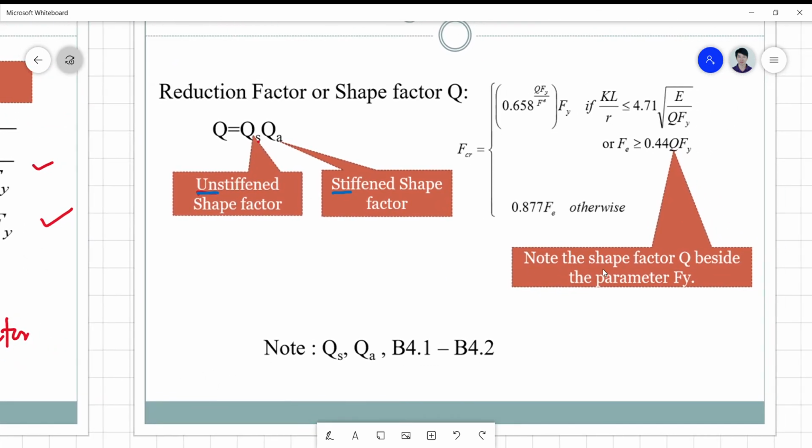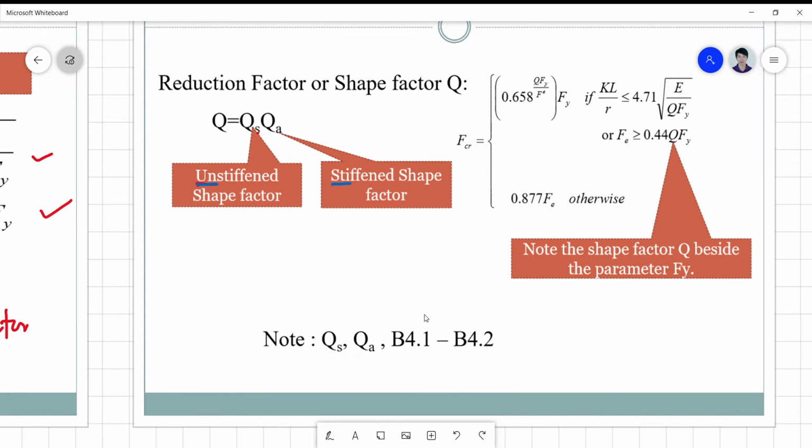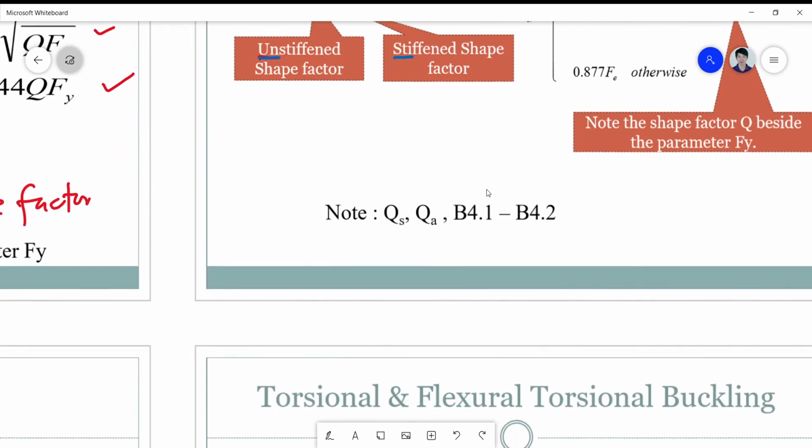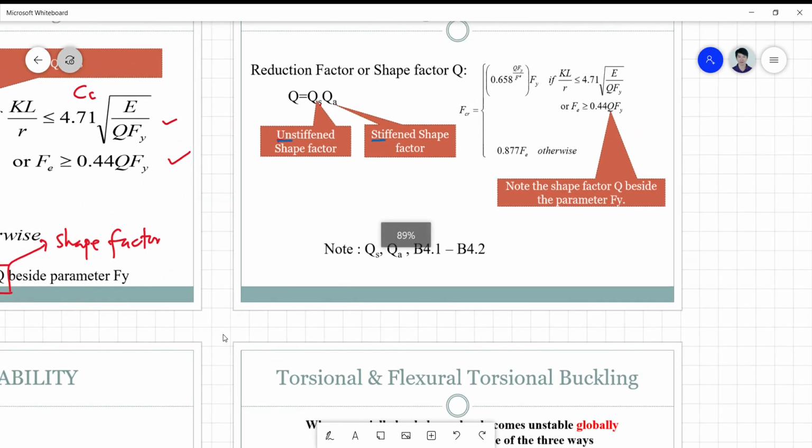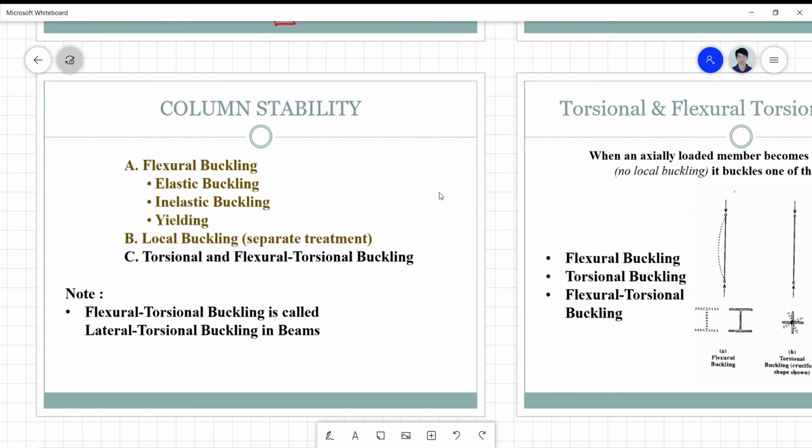So note that the shape factor Q is always beside the yield stress. So if there's a yield stress Fy over Fe, you multiply it by Q. If there's an Fe over Fy there, you multiply it by Q. If there's a 0.44 Fy there, you multiply it by Q. So note Qs and Qa are determined from Tables B4.1 and B4.2, your AISC reference.